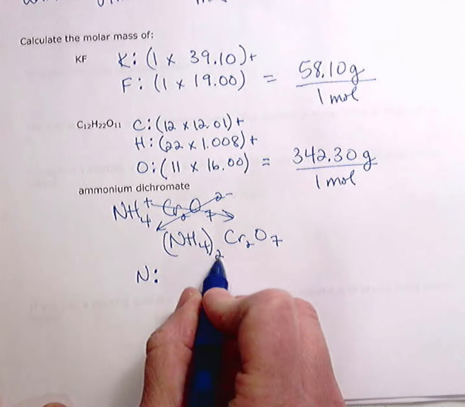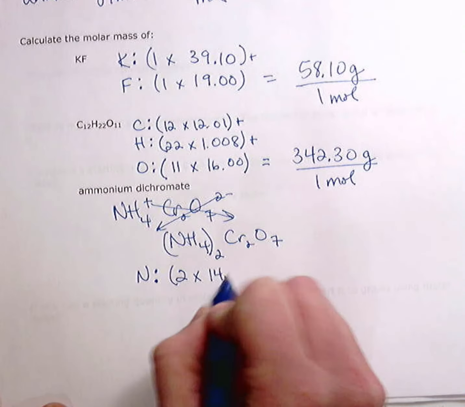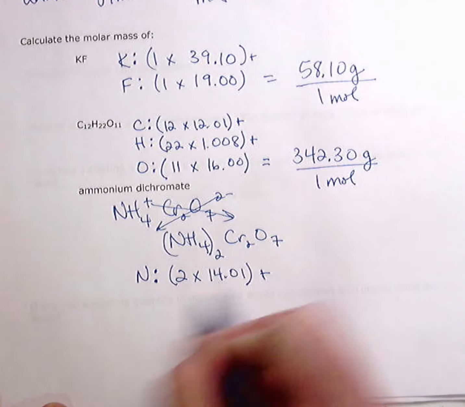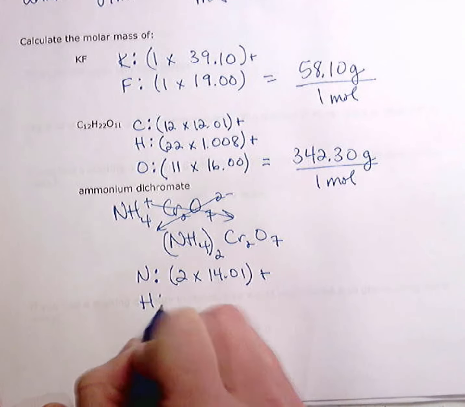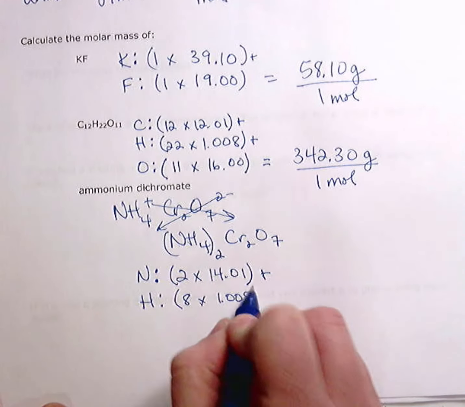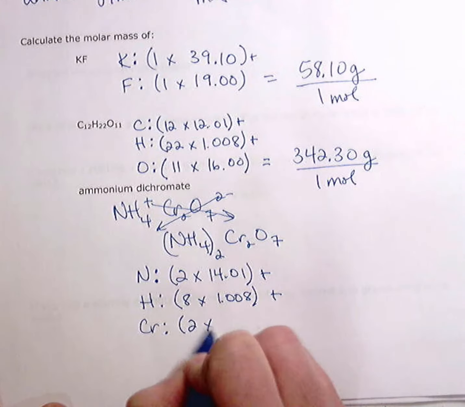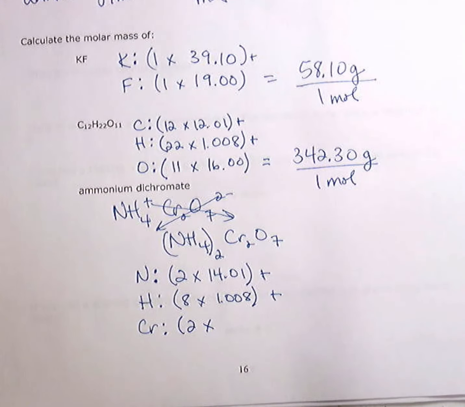Nitrogen: 2 times 14.01, plus hydrogen: 2 times 4 is 8 times 1.008, plus chromium, 2 times 52, I believe.